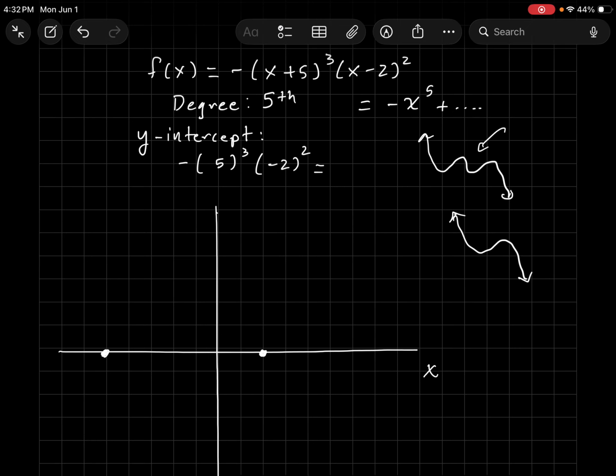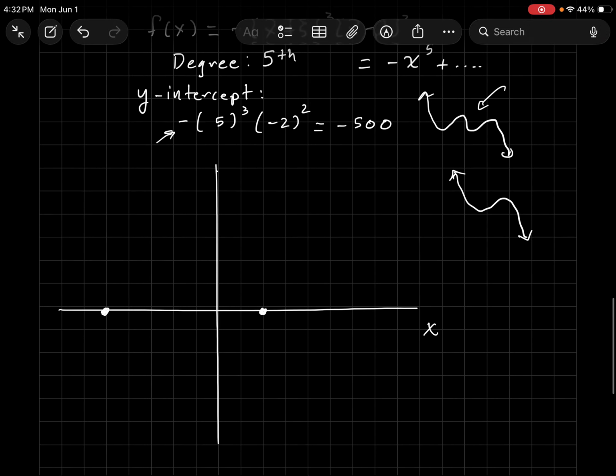And then we have negative 2 squared is positive 4. So we have 125 times 4, which is 500, but the negative sign out front here means that the y-intercept is negative 500. So way, way down below, but I'm going to pretend that this place right there is y equals negative 500.